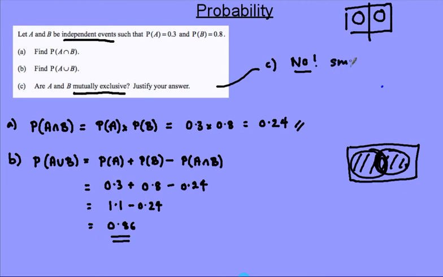And these are not mutually exclusive because clearly A and B, the overlap, equals 0.24. For mutually exclusive would suggest that overlap would equal 0, not mutually exclusive. Question done.